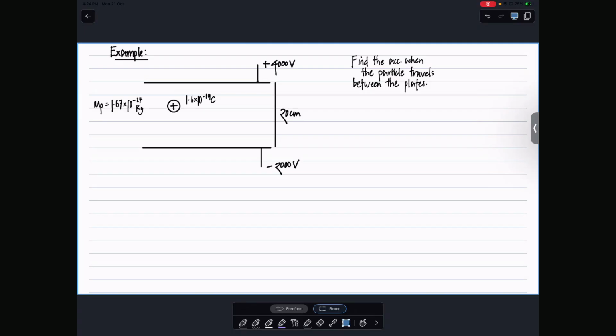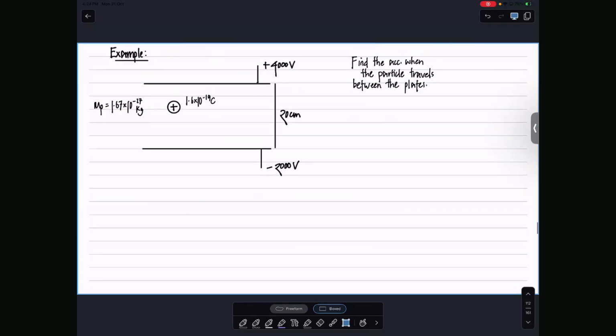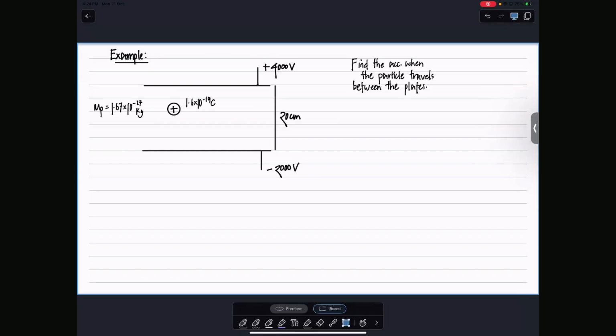V by D. A uniform electric field, so V by D. 2.87 into 10 to the power 12. So how do you find acceleration?